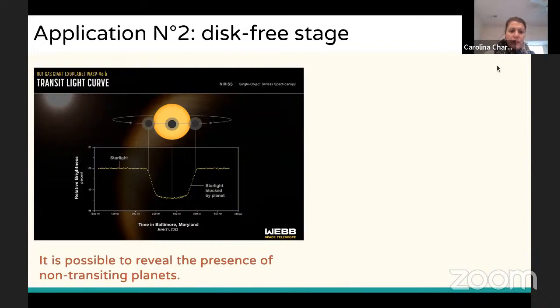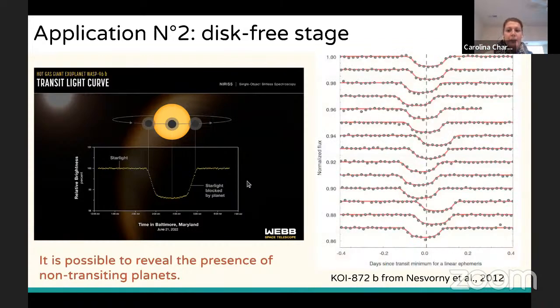So normally what you would see is the light curve, the brightness of the star will be blocked because of the planet, and so you would see something like this regularly if there is no other planet. But instead, if there is another planet, you will see that the light curve begins to shift, and so here you can infer that there is another object.